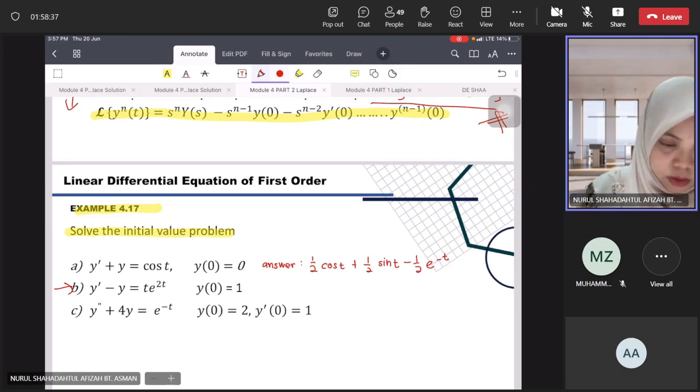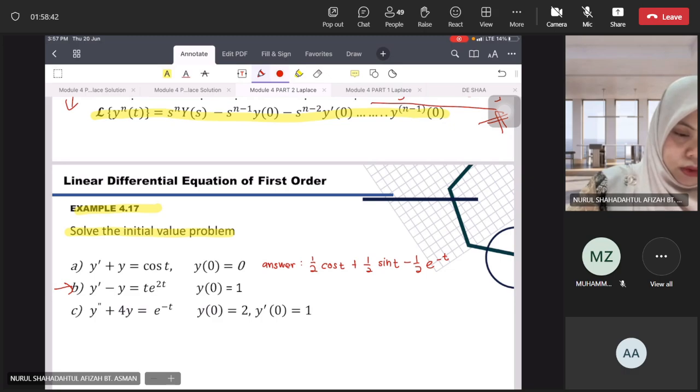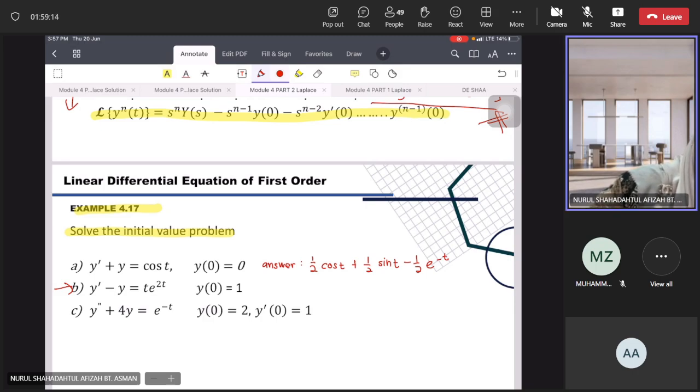The solution is a bit long. So this is the question for B.